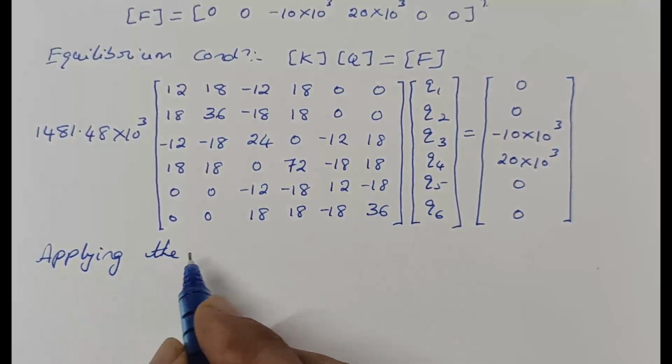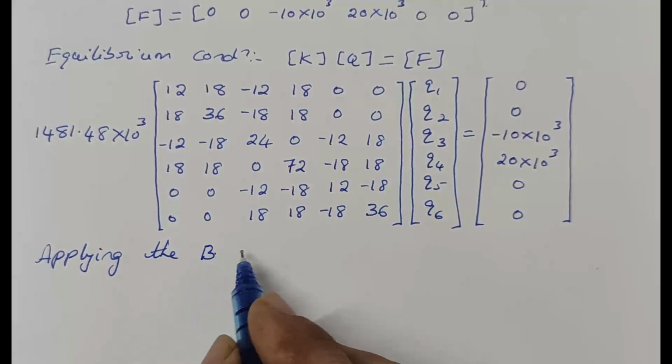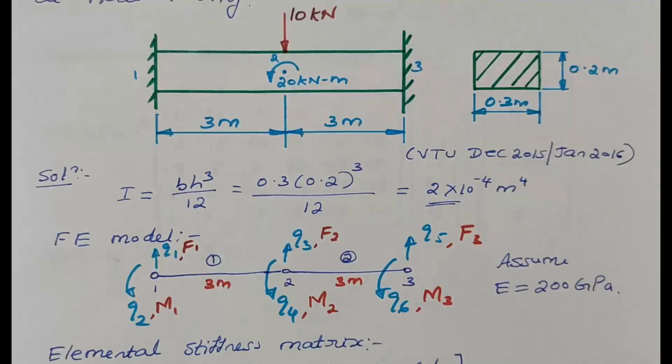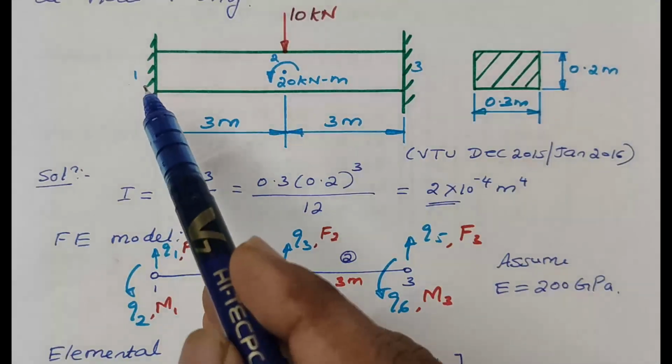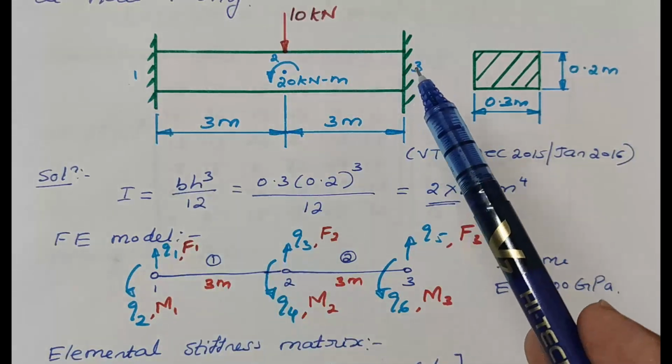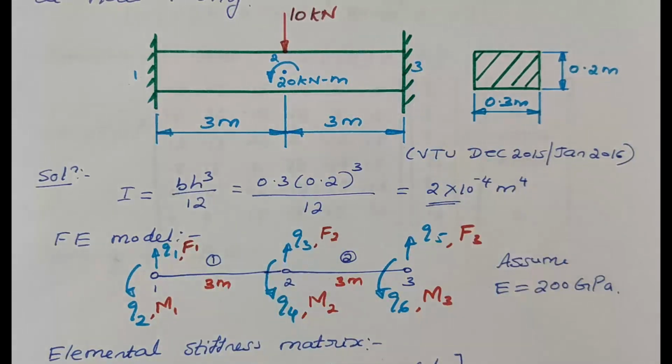Applying the boundary condition. See the figure. Node number 1 is fixed. Also node number 3 is fixed. Therefore the corresponding displacements will be equal to 0. That means at node 1 the displacement is Q1, Q2. At node number 3 it is Q5, Q6.